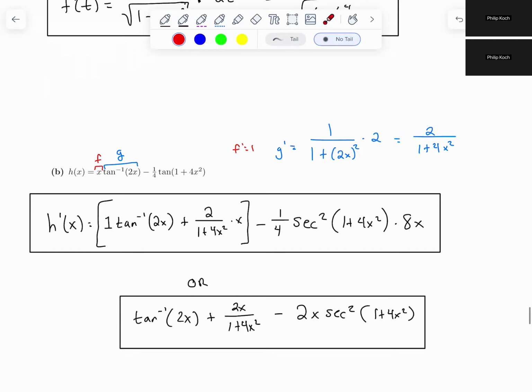Any questions on that? Excellent question. I combine the 8x with the 1/4, and that's why it's 2x now.